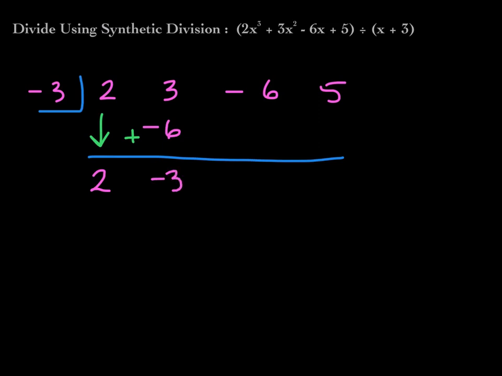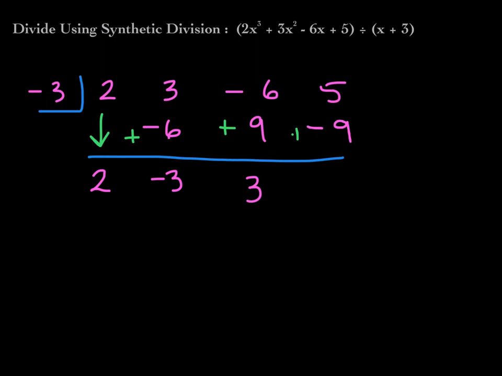And then you repeat the process over and over again. So negative 3 times negative 3, positive 9. Add. Negative 6 plus 9, 3. Negative 3 times 3, negative 9.